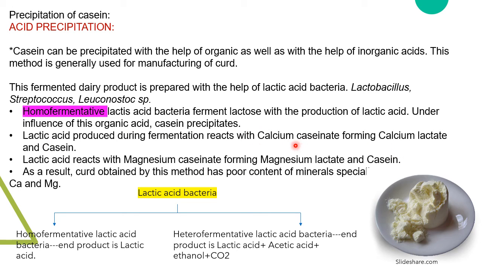The casein will get separated and precipitated. Lactic acid reacts with magnesium caseinate also, which forms magnesium lactate, and again casein gets precipitated.